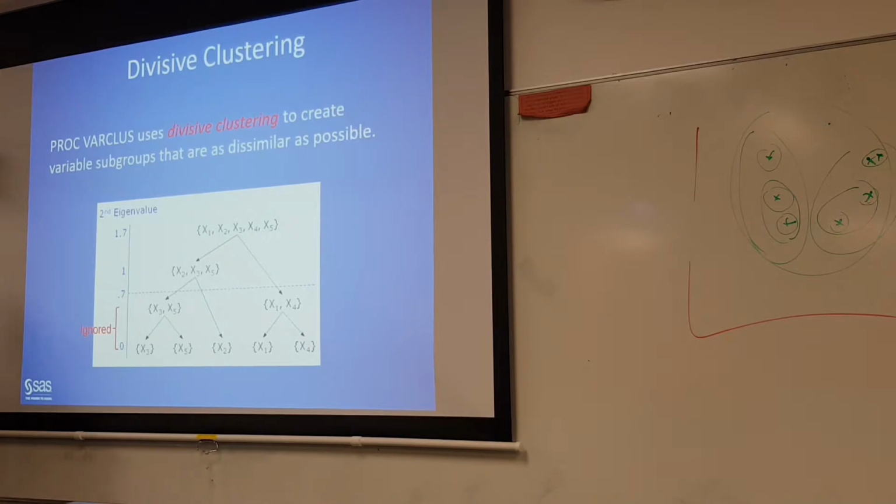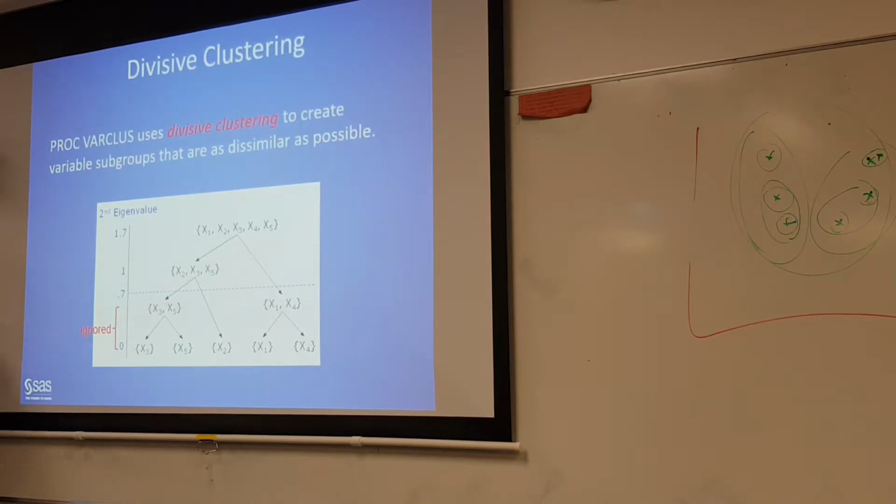Here I say that we don't use divisive clustering in the course, but in fact, ProgVarClass does use divisive clustering. I won't get into the details too much. Essentially, it does an eigenanalysis on each of your clusters, and it looks at the second eigenvalue. Because what you're trying to do is represent your data, you hope that your cluster will be representable in just one dimension.